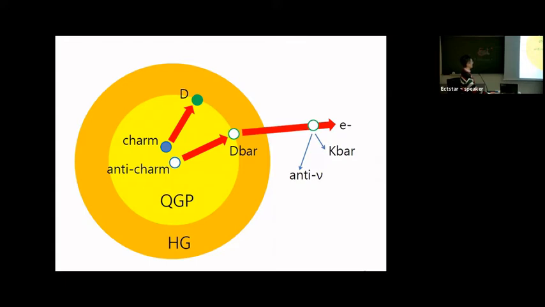After freeze out, this meson produces a single electron through weak decay. The weak decay width is very narrow, so mostly it happens after freeze out. I will explain these processes step by step, I mean, how these processes are realized in Parton-Hadron-String Dynamics.